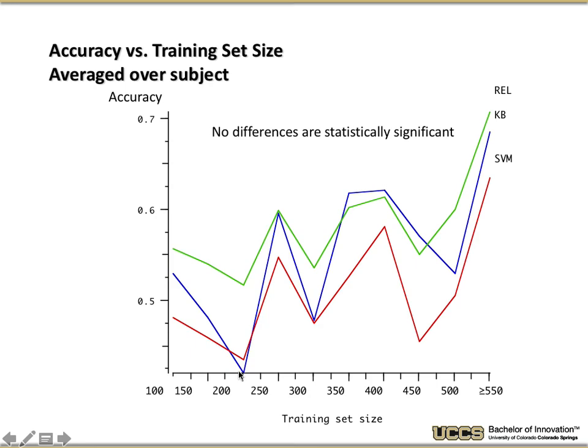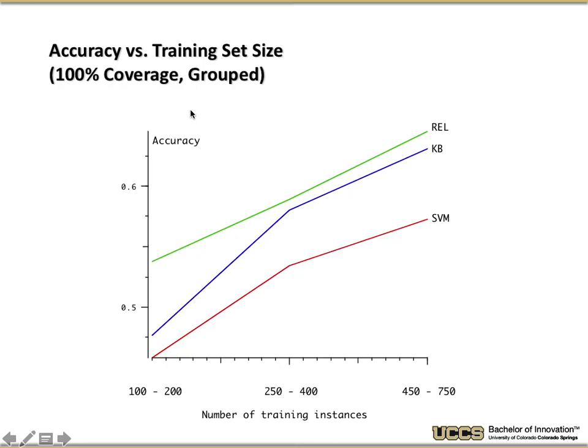So maybe I should lump together and average groups of data, because I might have what's called small sample size effects. If I only have 10 samples in some bin, then a couple of points can make a huge difference in accuracy in those bins. So maybe I should average over the bins. And if I do that, where I group them together into 100 to 200, 250 to, right, so now I've grouped them into 3 giant bins, I get a more consistent pattern.